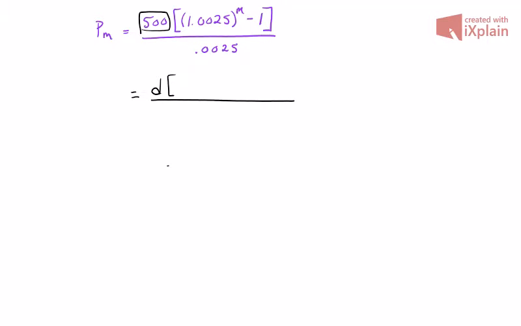If we go inside the brackets and then inside the parentheses, that 1.0025, if you go all the way back up to your work, that is the same thing as 1 plus r divided by k in our situation. Likewise, the 0.0025, that's going to be your r divided by k. That's how we obtained that value. We have our minus 1, and since it's a constant, we don't change that at all.